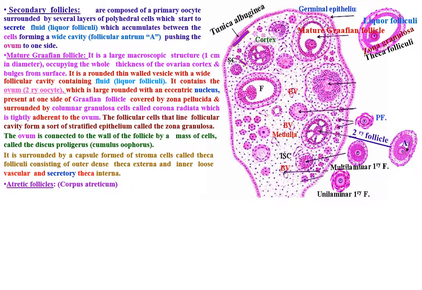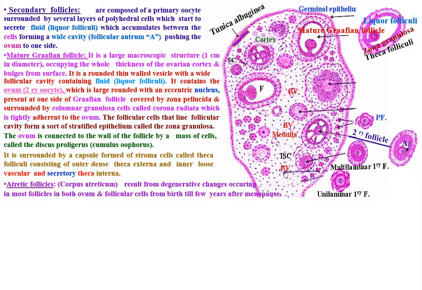Other structures present in the cortex of the adult ovary are degenerative follicles and corpora. Degenerative follicles, or atretic follicles, or corpus atreticum, result from degenerative changes occurring in most follicles, in both ovum and follicular cells, from birth till a few years after menopause.